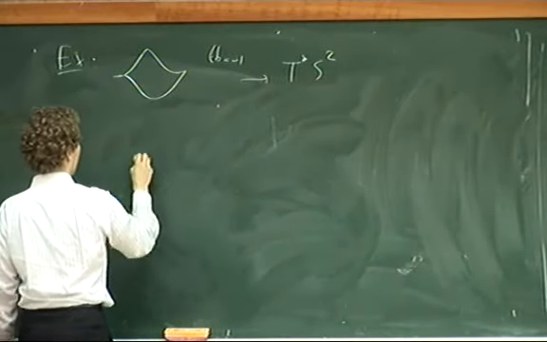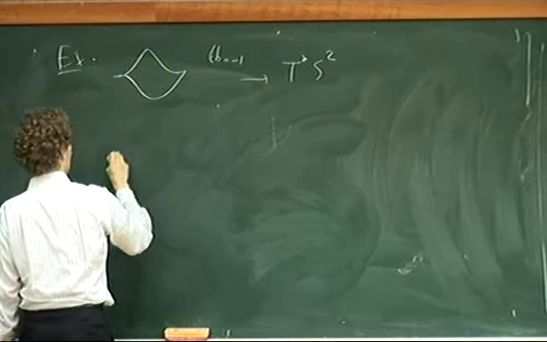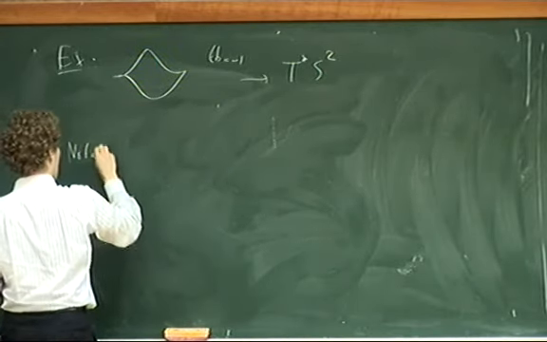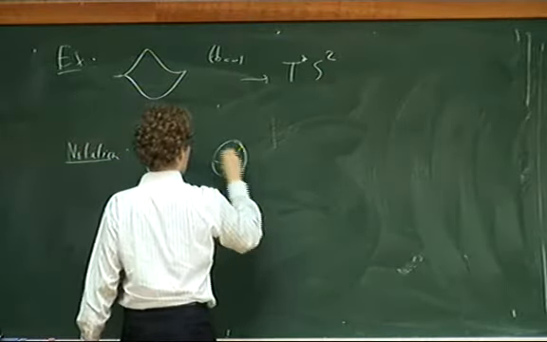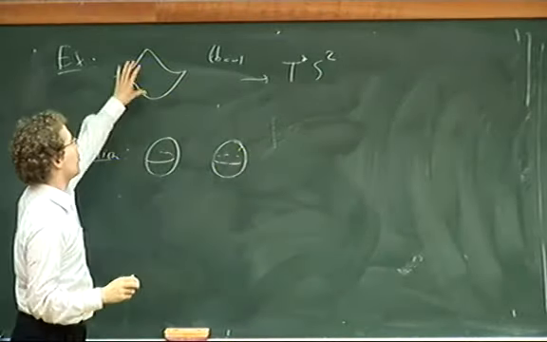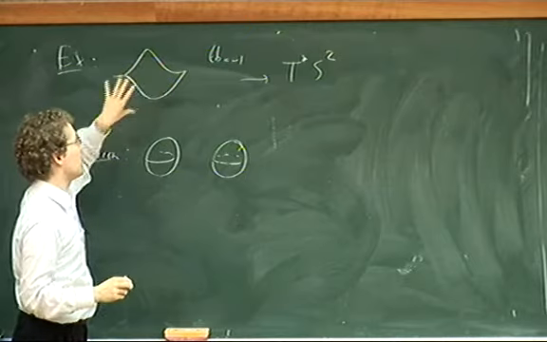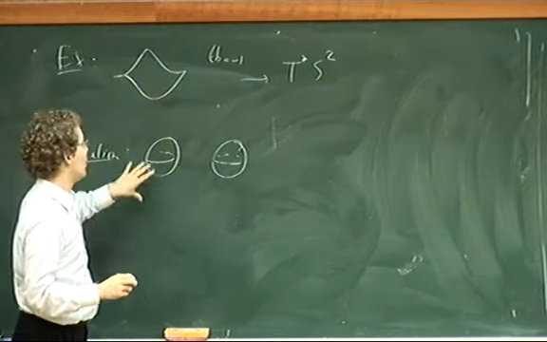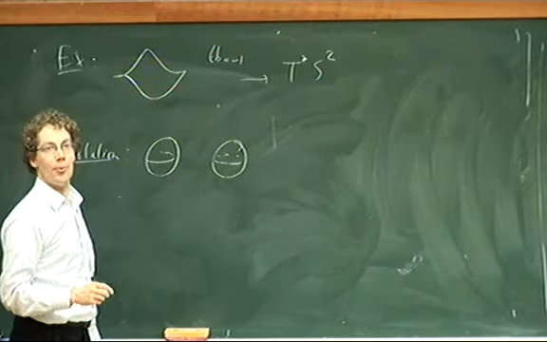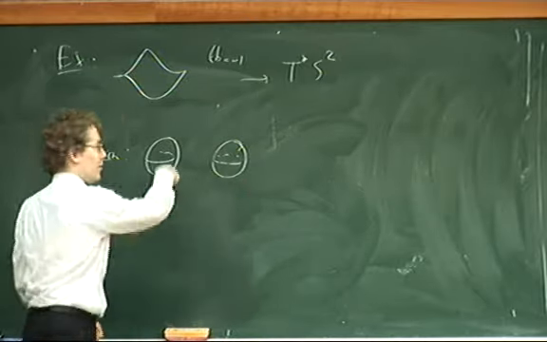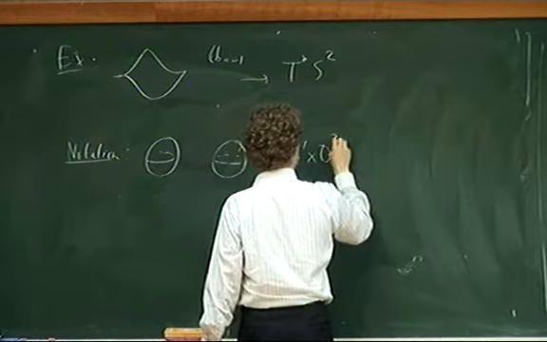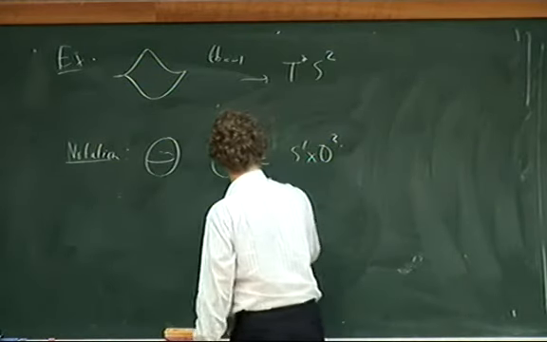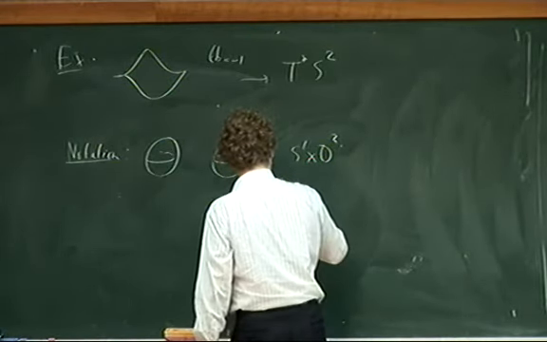And maybe I should also say that this is just notation. If I draw a circle, it means that we do a 2-handle attachment along the circle. If I draw two balls, it means that I do a 1-handle attachment along these balls. So this is a 1-handle attachment, and this is actually S^1 times D^3.